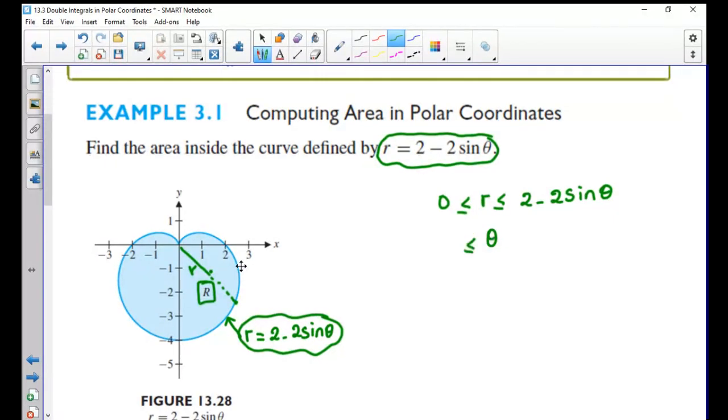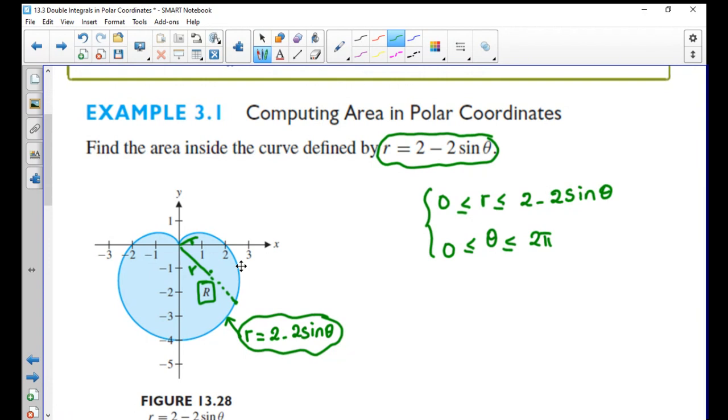And the theta, you can see that by taking your point, to cover the whole region, theta will have to go from 0 to 2 pi, like this. Then, by doing this, we are covering the whole of this blue region there.